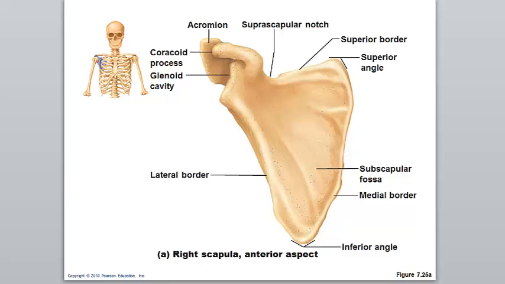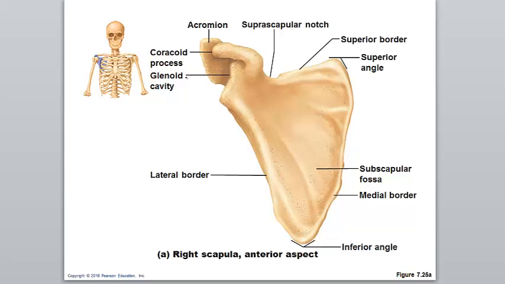Okay, scapula. The area where it is facing the rib cage is going to be smooth. So you're going to have the smooth area, which is what we call the subscapular fossa. That's going to be facing your rib cage. The area that is behind, that you can actually feel from the back, is where your spine is going to be.